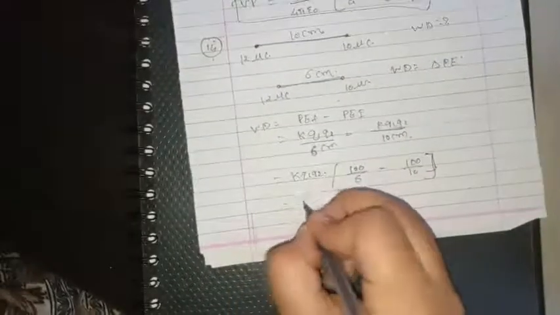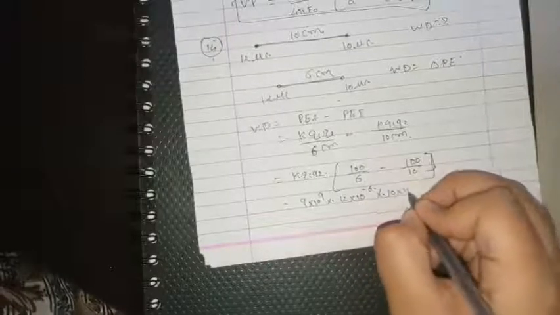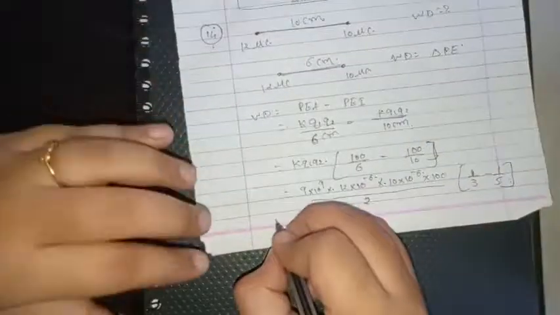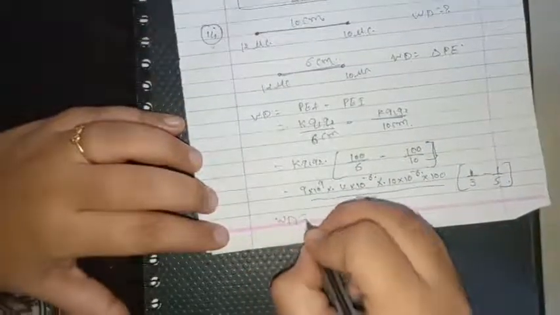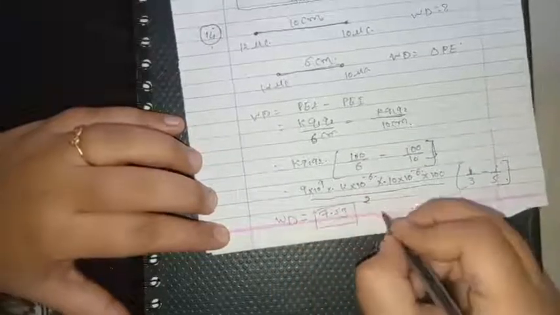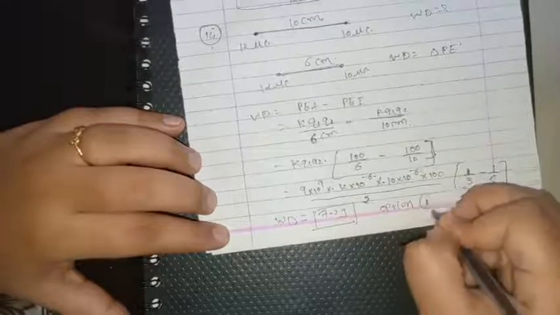Value of K is 9 into 10 power 9. Q1 is 12 microcoulomb. Q2 is 10 microcoulomb. Take this 100 common. Divided by 2 into 1 by 3 minus 1 by 5. Simplify this, we'll get work done is equal to 7.2 joule. So option 1 is the correct option.